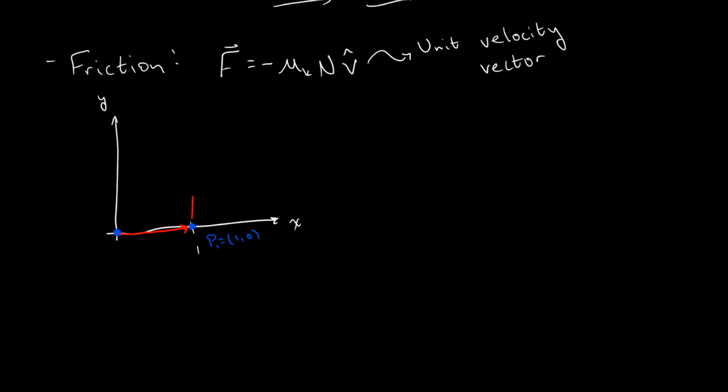And then we'll go straight up to y equals 1. So I'll call this point P2 equals 1, 1. I'll keep my colors consistent.